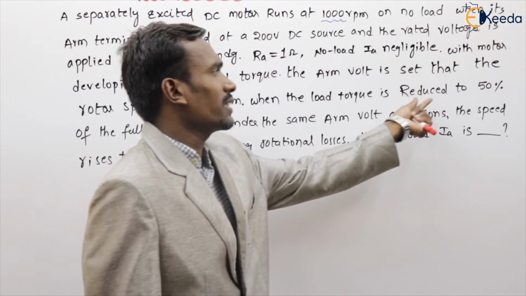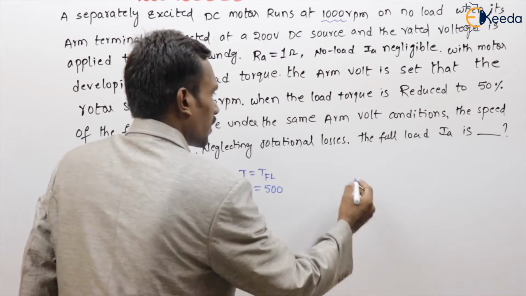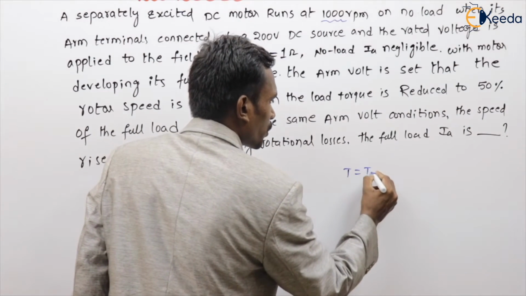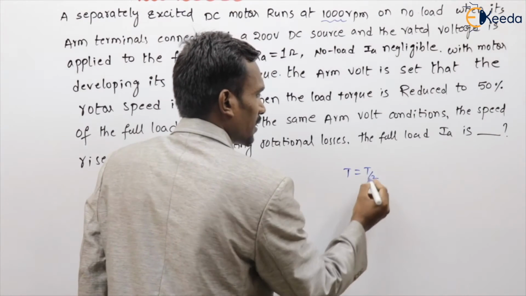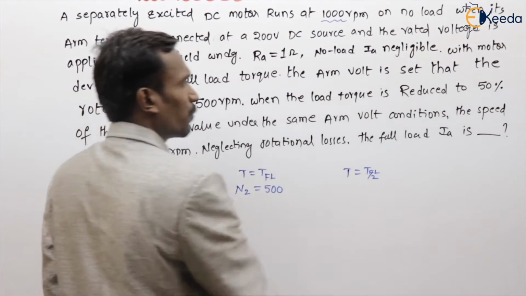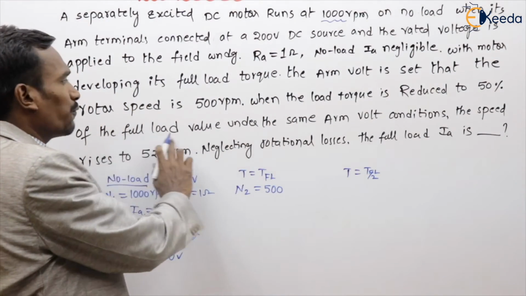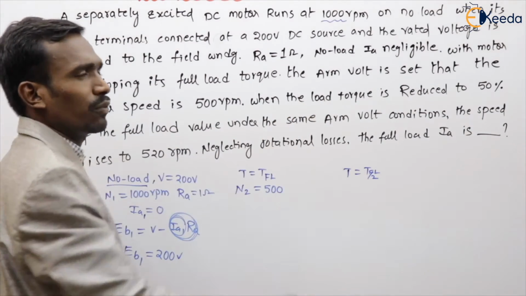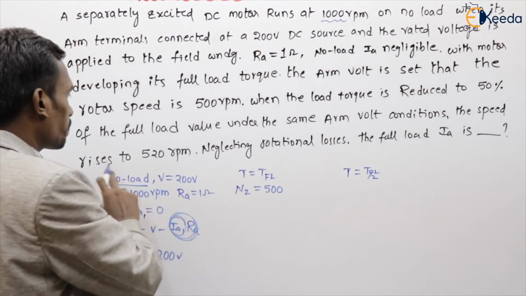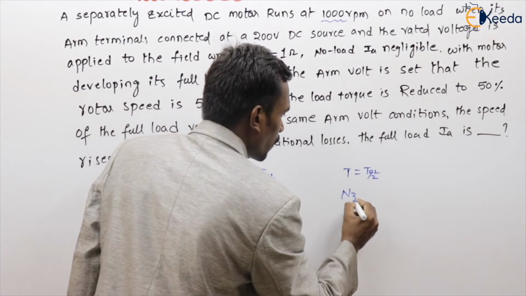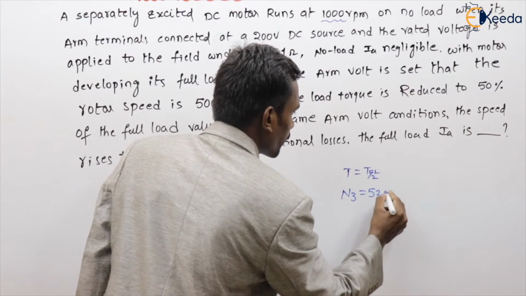When the load torque is reduced to 50% of the full load value, under the same armature voltage condition, the speed rises to 520 rpm.